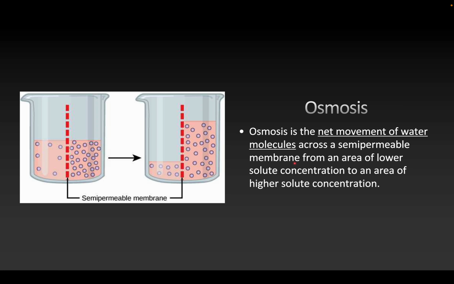Water has the natural propensity to be attracted to a location where there is a higher solute potential that needs to be diluted. So it always goes to a location where dilution is needed. And again, the context is across the semi-permeable membrane.